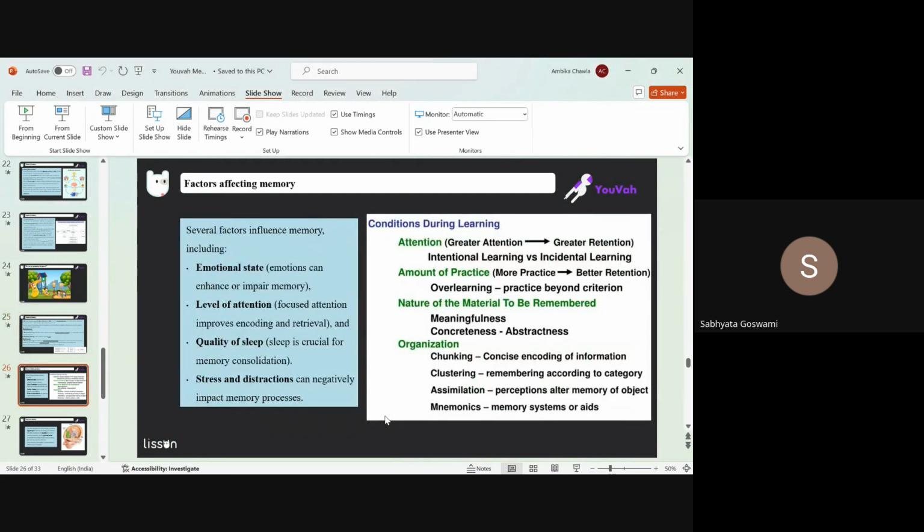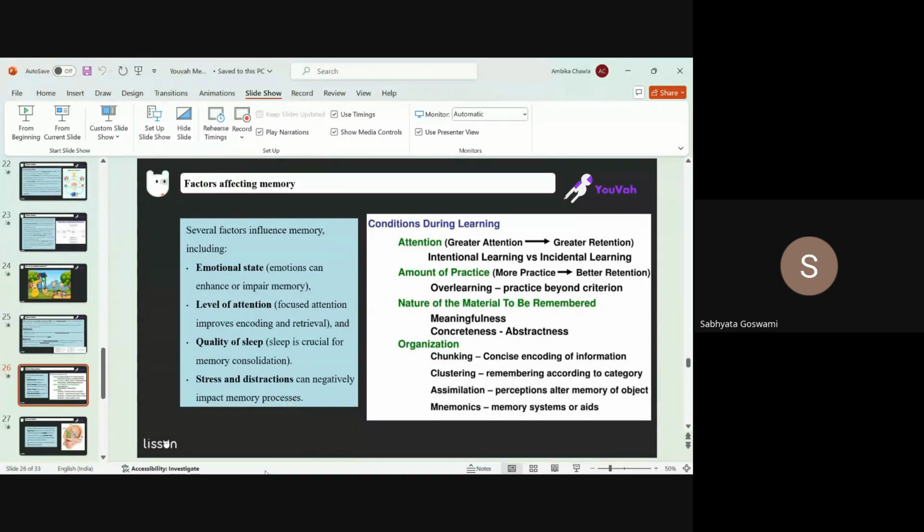So, what are the different factors that affect memory? Memory can be impacted by a person's emotional state, that is, how they are feeling when they are encoding information. There have been a lot of studies which tell us that information encoded in a happier mood tends to last longer as compared to when a person is feeling low.